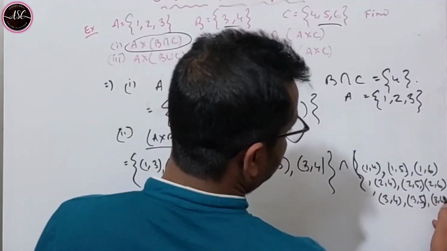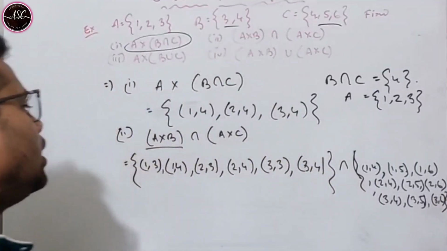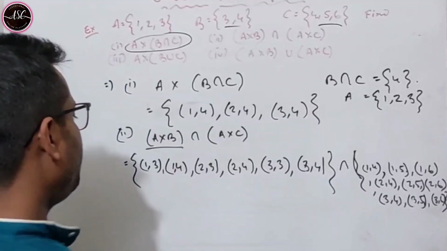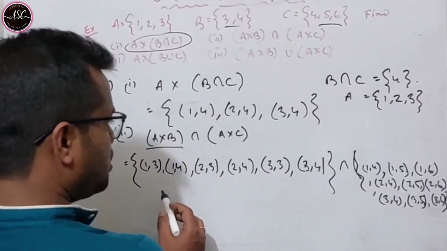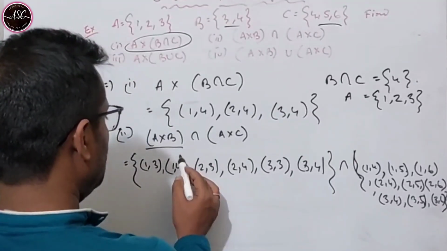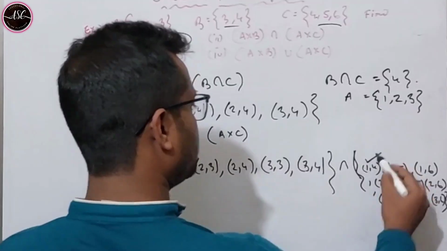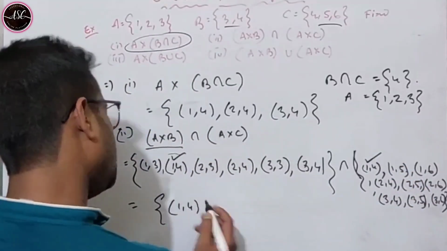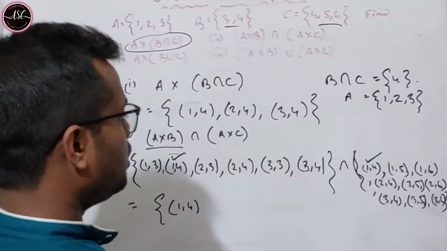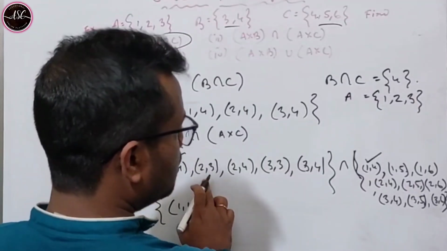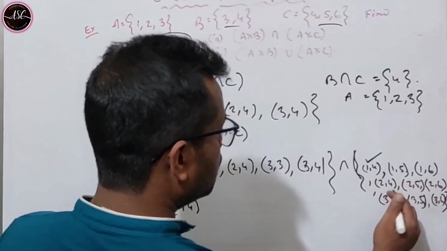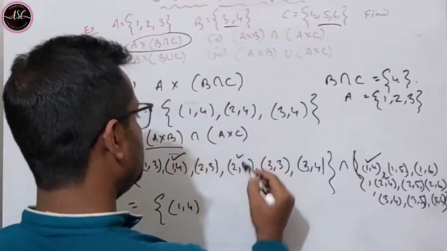Okay. Now intersection means the common elements, so the common ordered pairs. Which is common here? (1, 4) is in both. So one ordered pair will be (1, 4). Then (2, 3) is here, but is not in the other. (2, 4) is here, so here also (2, 4).